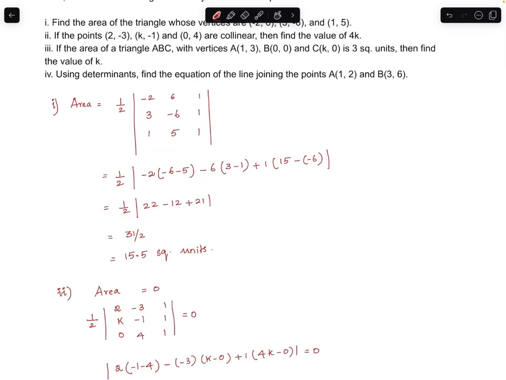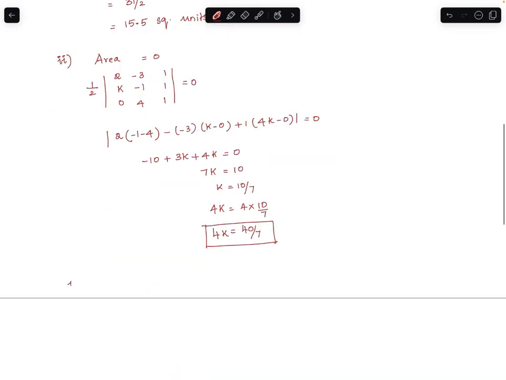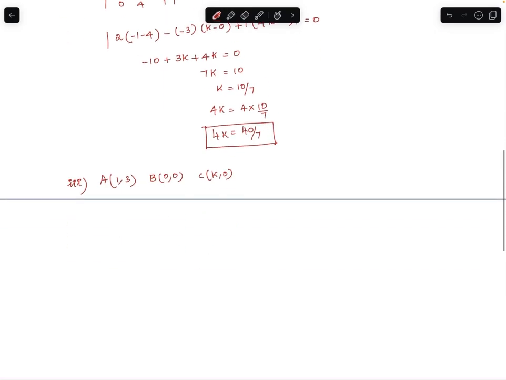Question number 3. If the area of triangle ABC with vertices A (1, 3), B (0, 0) and C (k, 0) is 3 square units, then find the value of k. The area formed by the points ABC is given as 3 square units.